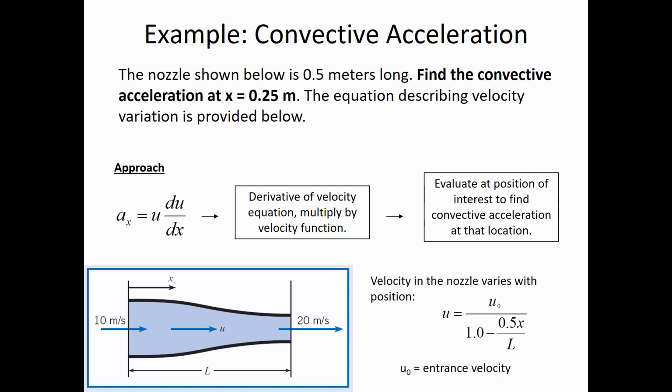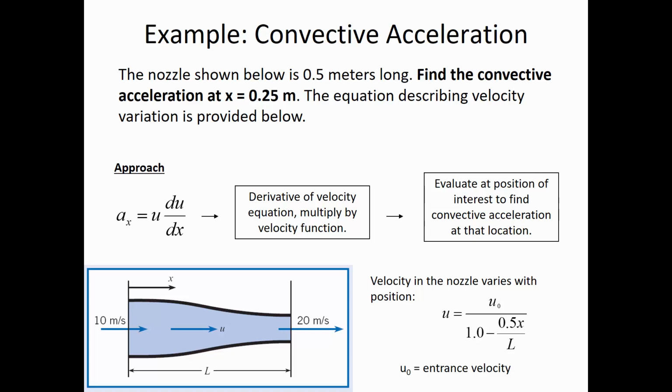So over here is where I've substituted back in our definition of m. And so aggregating that together, we have 0.5 times the initial velocity u naught, over L times 1 minus 0.5x divided by L, squared. Now, the position that we're interested in is the position of 0.25 meters.